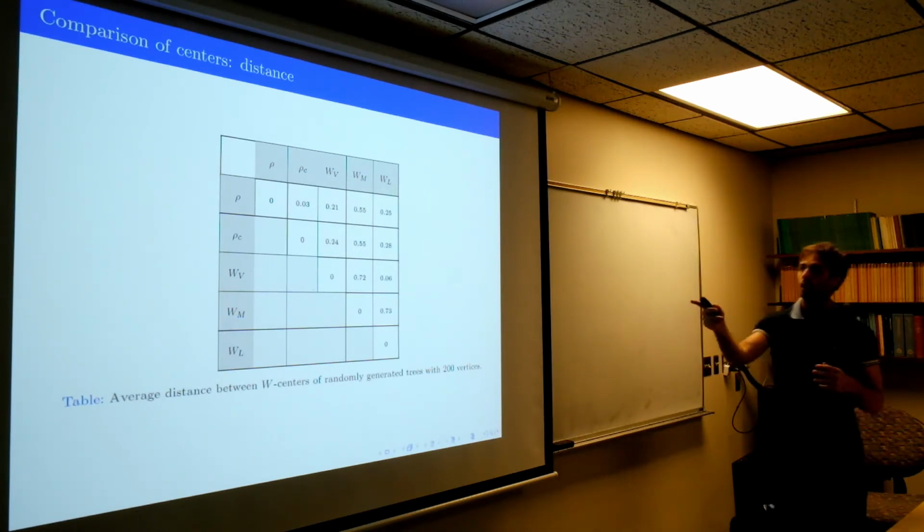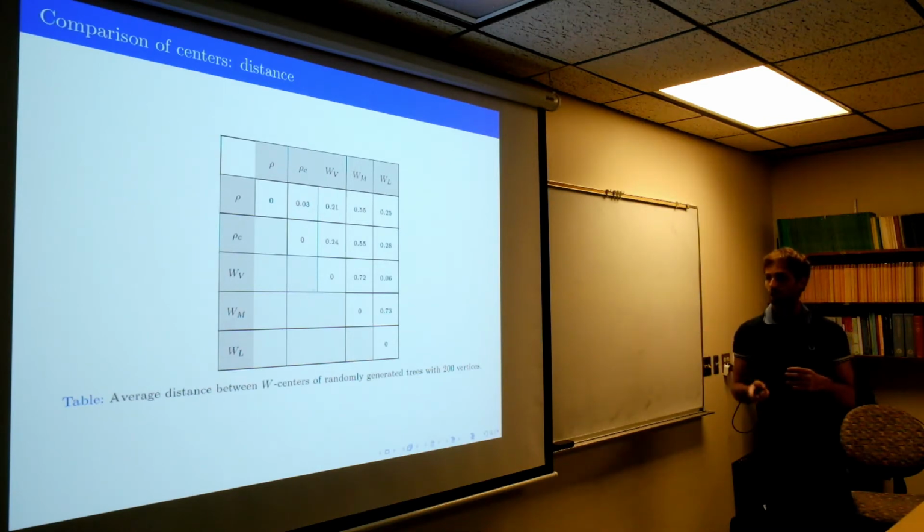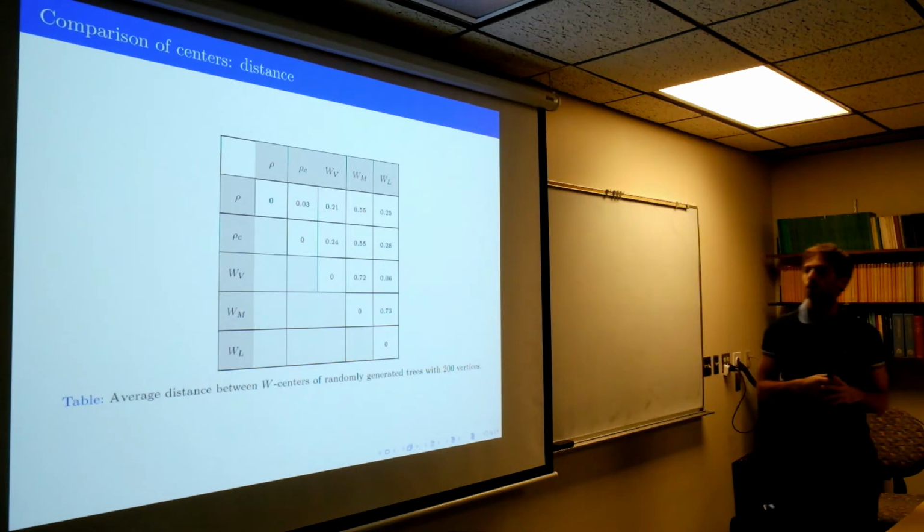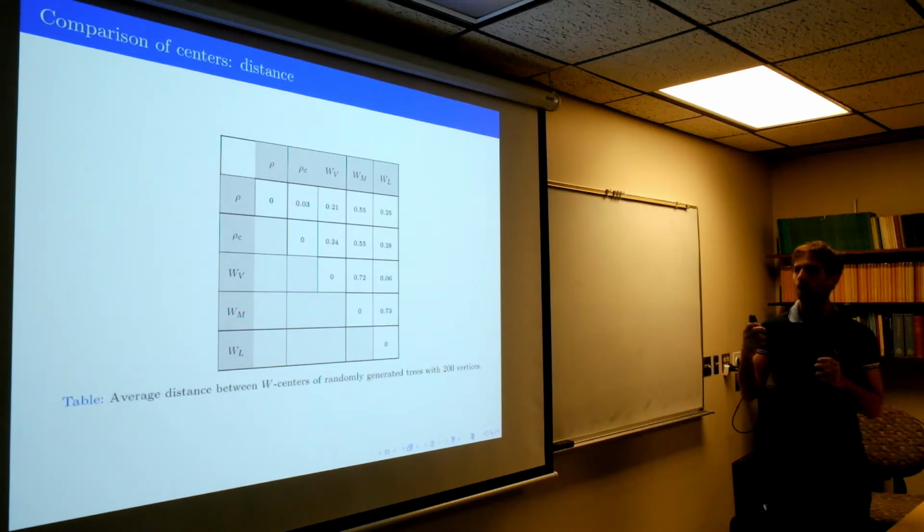And these are computations made on randomly generated trees having 200 vertices, so quite large. We can see that the average distance is quite small, so it's never more than 1. In particular, for rho and rho C, we see that the difference is 0.03.